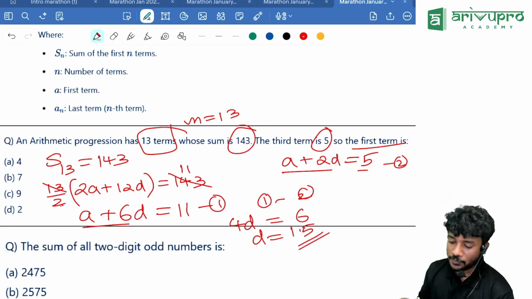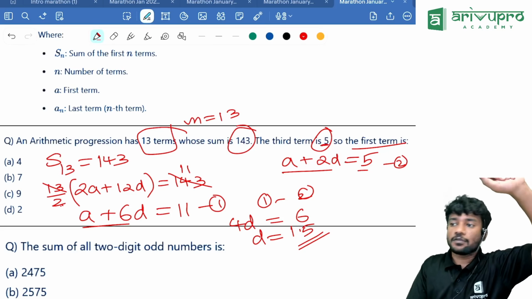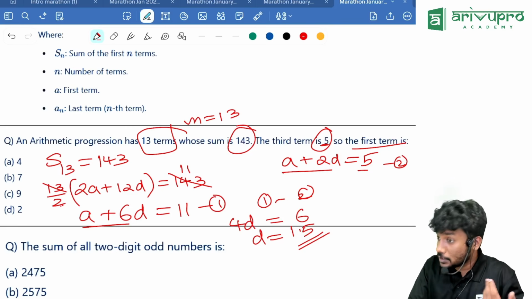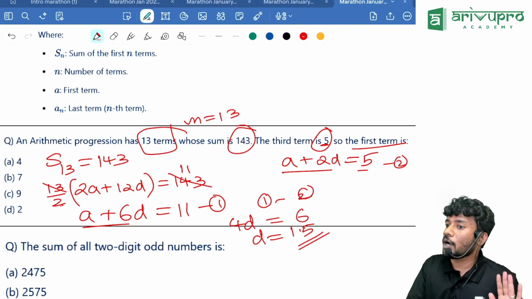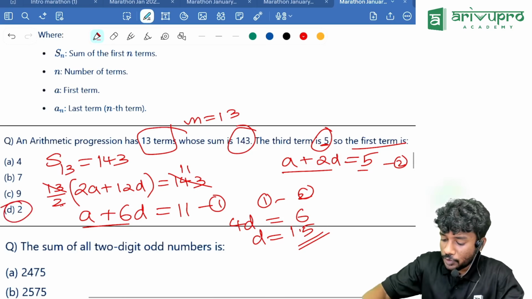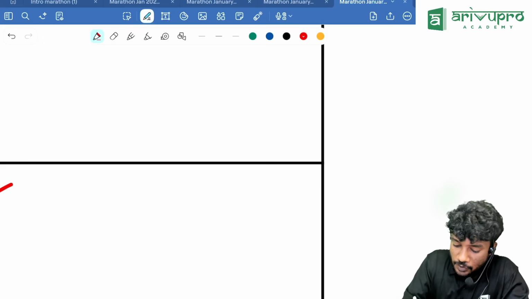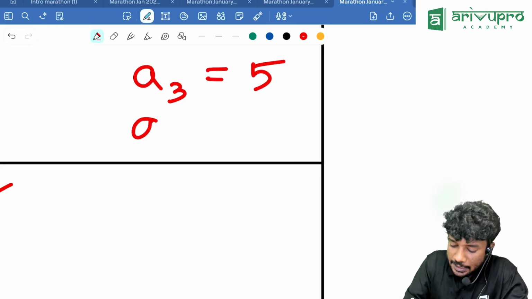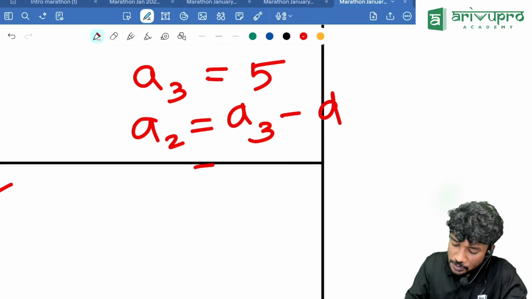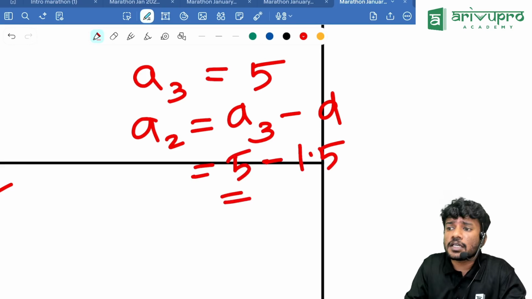We need to find the first term. We already have the third term, that is 5. Then the second term will be the third term minus the common difference, 5 minus 1.5, that is 3.5.